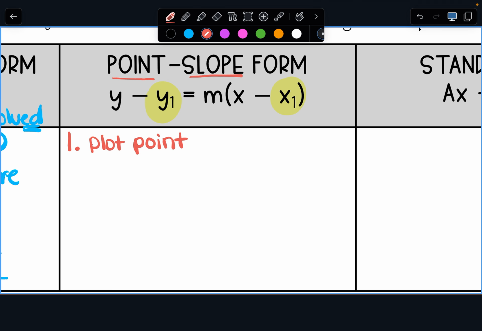Now keep in mind, the minus sign is already part of the formula, so you have to use the opposite sign from the equation. If in the equation it's -1, -2, that means you plugged in a positive number, so you have to use the opposite sign.